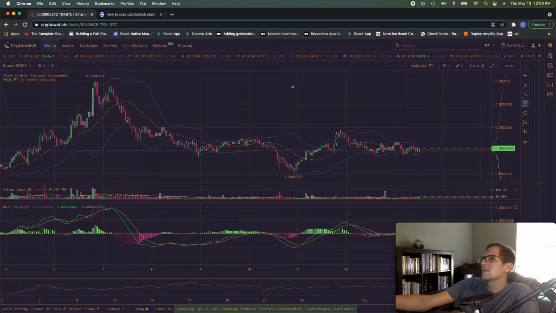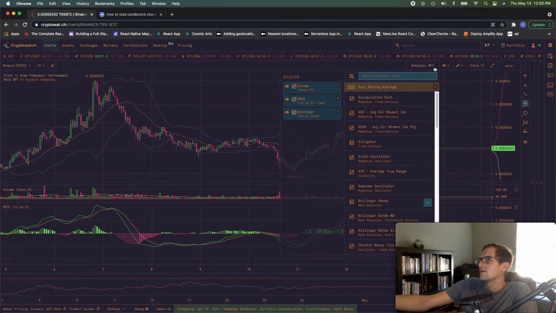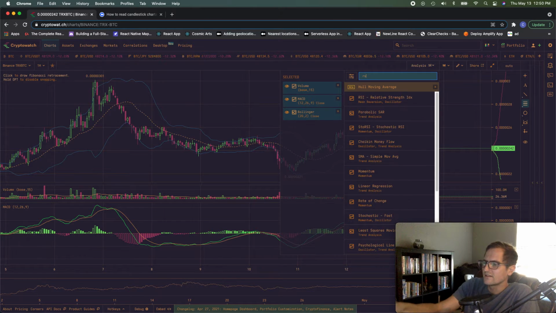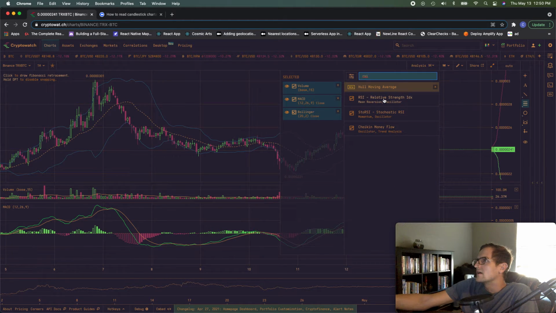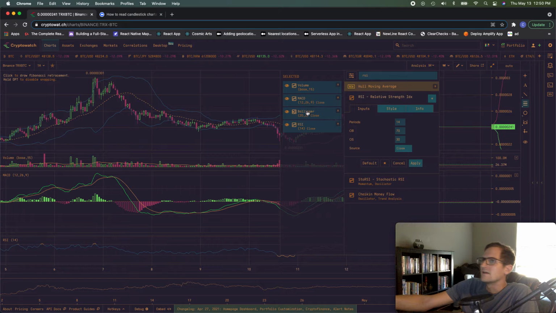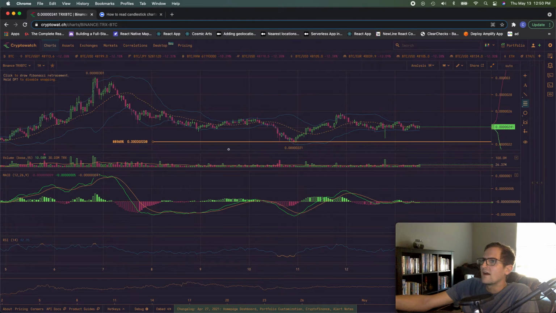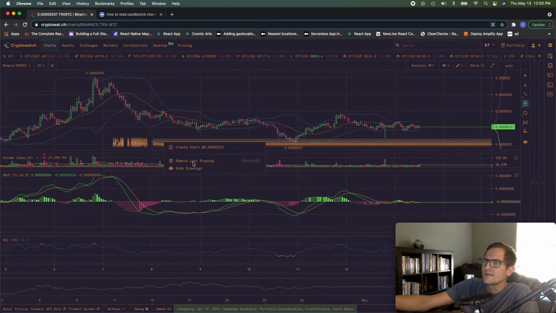Additionally, I would like to add, let's take a peek at the RSI, the Relative Strength Index. This one can really help you as well, guys, and let me show you how we can use all these in conjunction here.